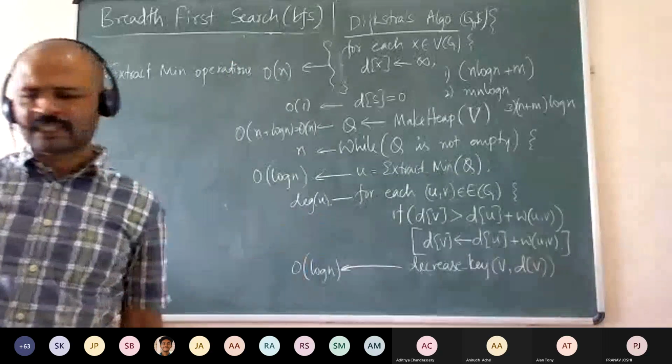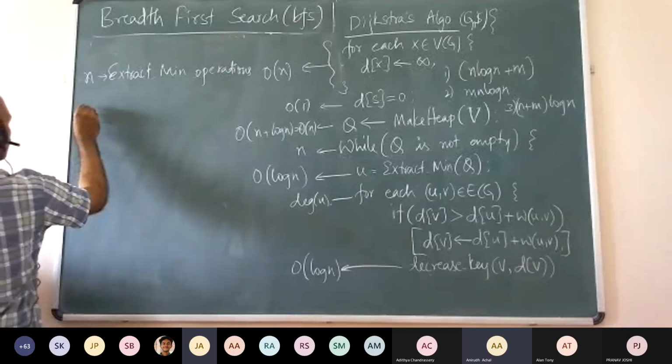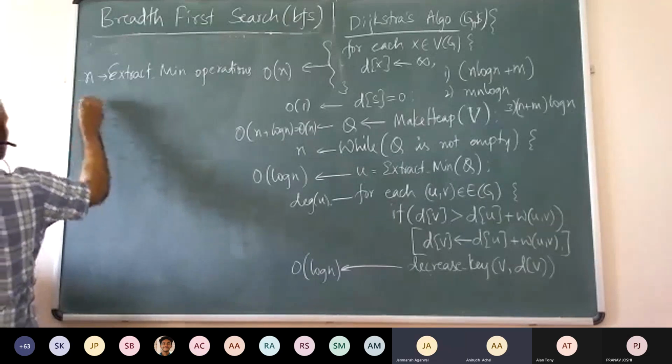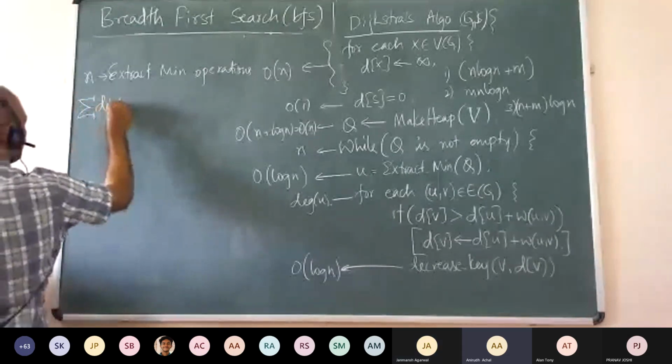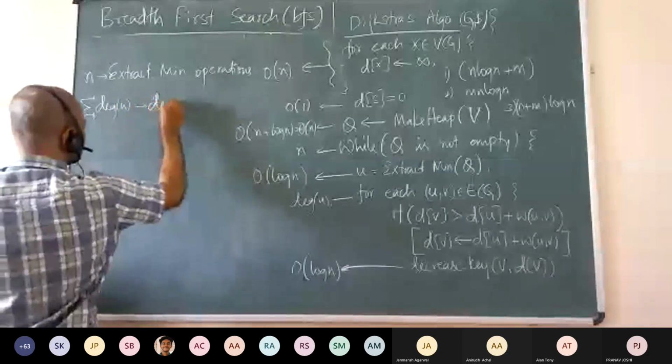How many decrease key operations are there? Two times the number of edges, basically the sum of degree of u, is the number of decrease key operations.